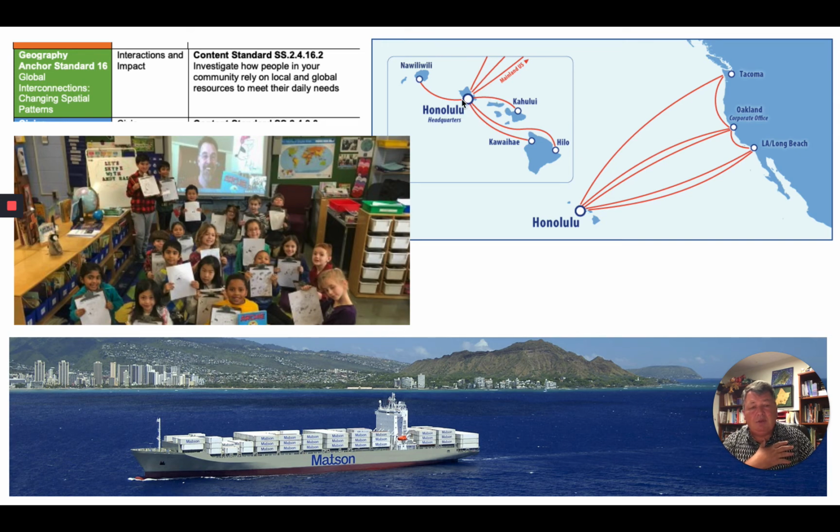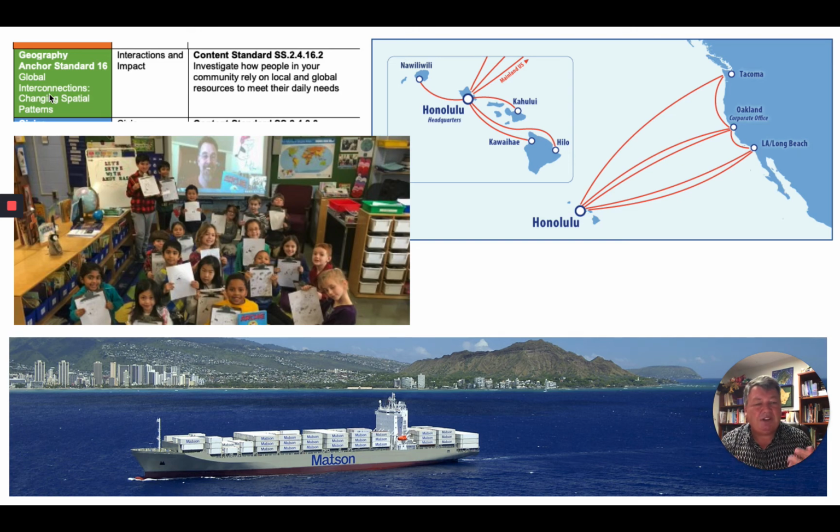That might be really cool to talk about. Maybe even the Matson folks would arrange for us to adopt one of their shipping ships, and we could maybe video conference, because I know they have internet on those ships. And wouldn't it be kind of cool to talk to the captain or someone on that ship as they're traveling across the Pacific? And my students could do lots of activities related to that. And that would certainly tie into that geography anchor standard.